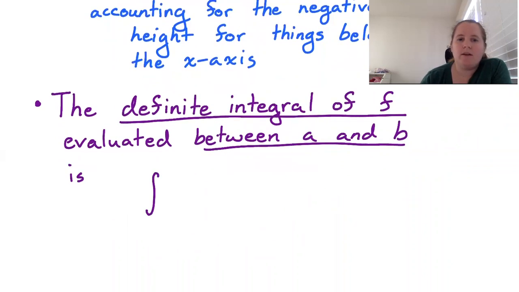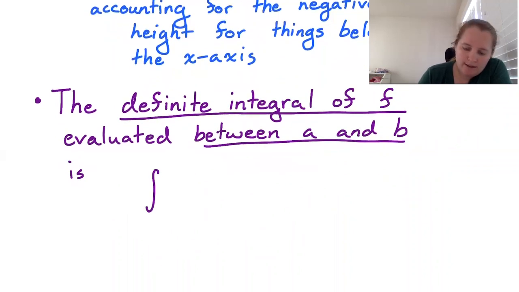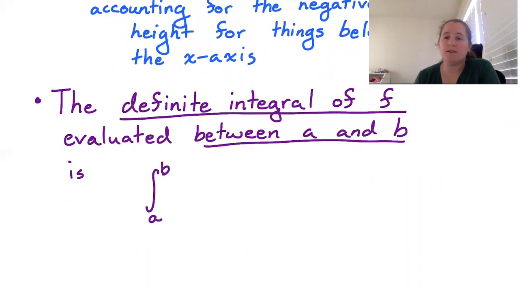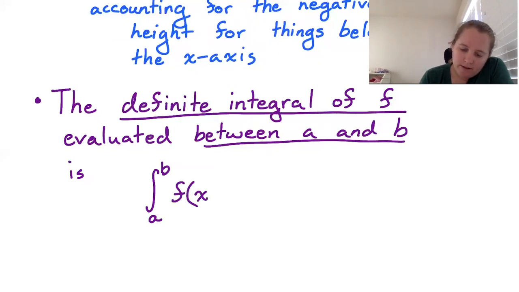Once again, we have this tall curvy S. We put an A at the bottom and a B up top, indicating we're looking between A and B. And then we have f of x dx. This looks an awful lot like our integral notation. We just have these bounds noted this time.